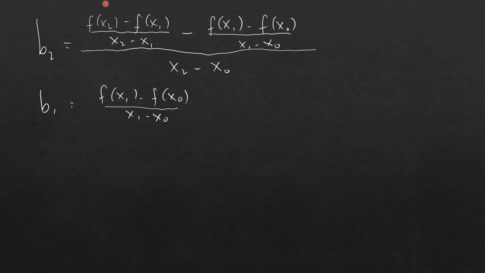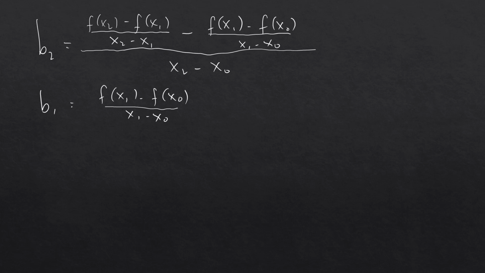On the other hand, the expression f of x2 minus f of x1 all over x2 minus x1 is the slope of the line connecting x1 and x2. So both of these quantities are approximations of the derivative. And the entire b sub 2 is a finite difference approximation of the second derivative.